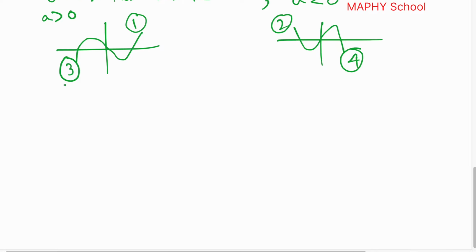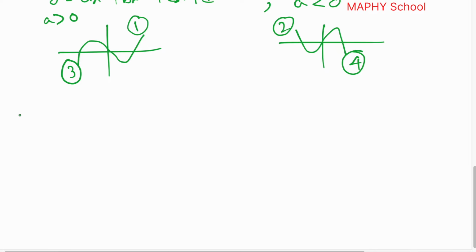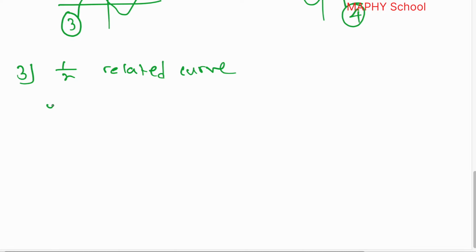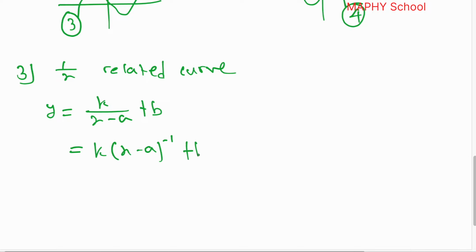Okay, now we can go for the third, which is the 1 by x related curve, or we can also say the asymptote related curve. We can write this in the form y equals k by (x minus a) plus b. That means k(x minus a) to the power minus 1 plus b.